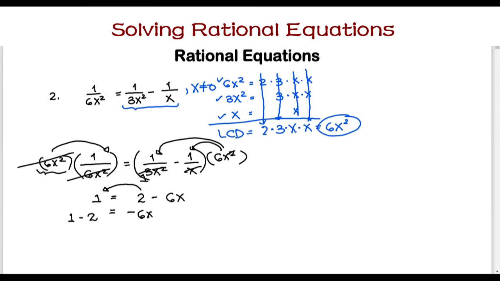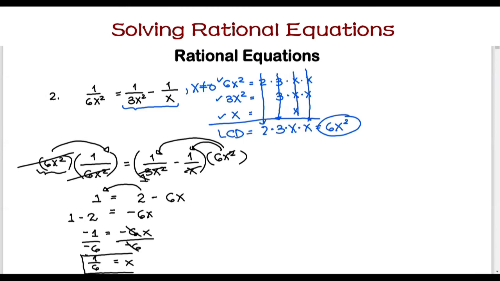What is 1 minus 2? Negative 1. Equals negative 6x. To finally get x, you divide both sides by negative 6. So, what do you get? What is the value of x? Positive 1 over 6.